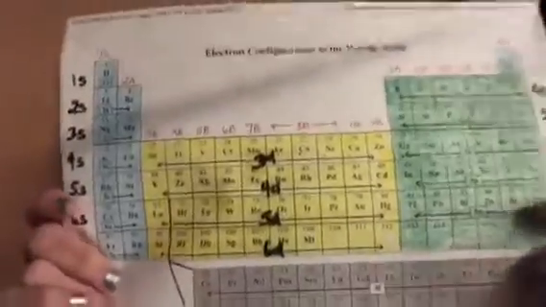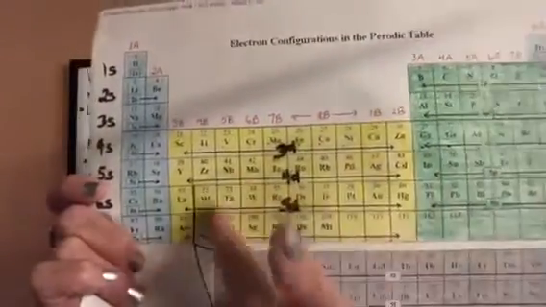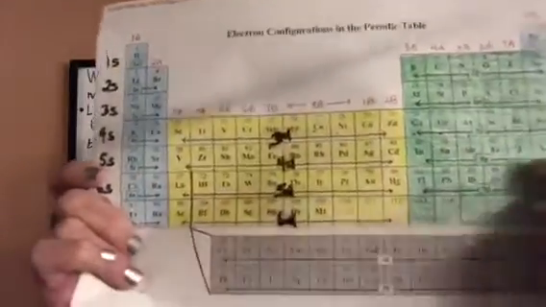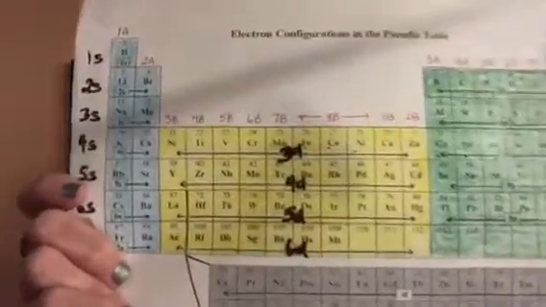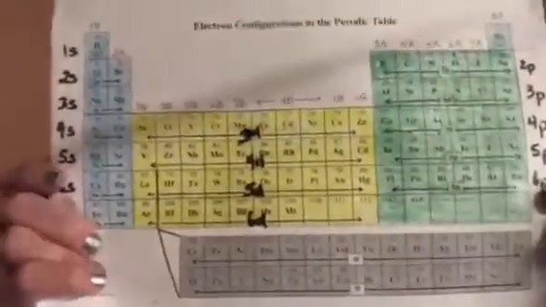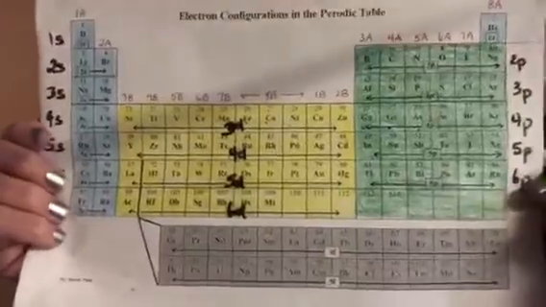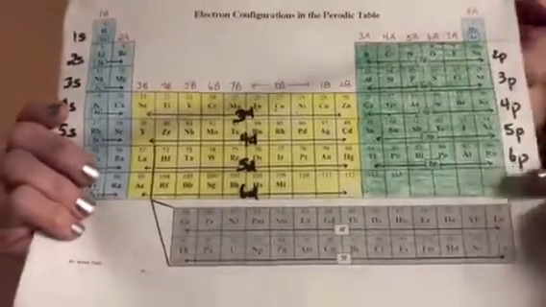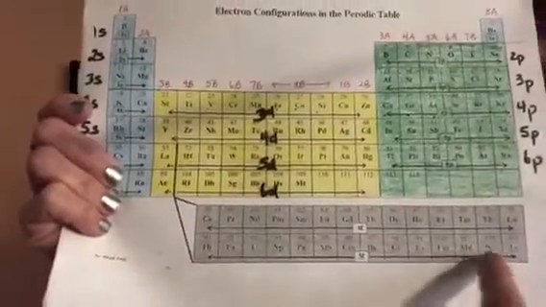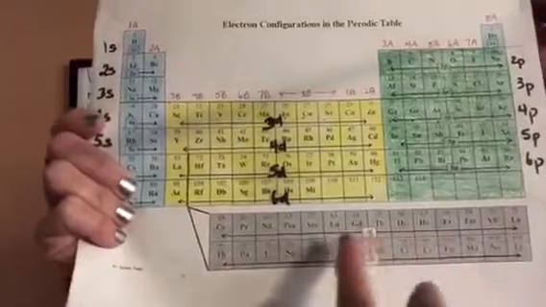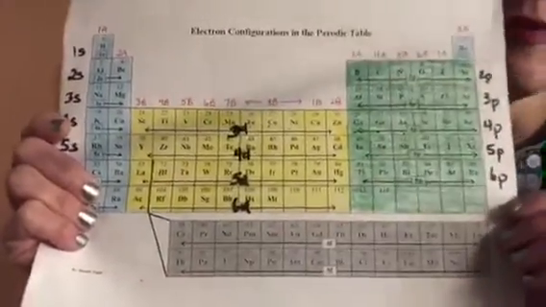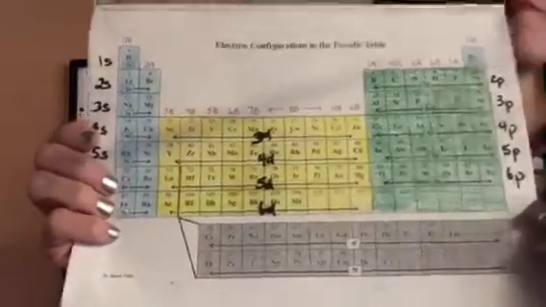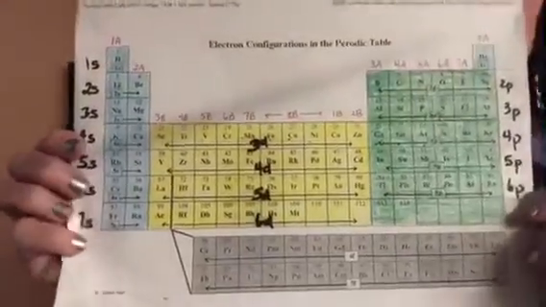So go and mark those off with a different color, or you can circle them and then color them in later. Yes, you can refer to figure 8-7, but if you do it on the paper, it helps you to remember it better. And then the lanthanides and actinides down here at the bottom, they are your F block. So make those designations there.